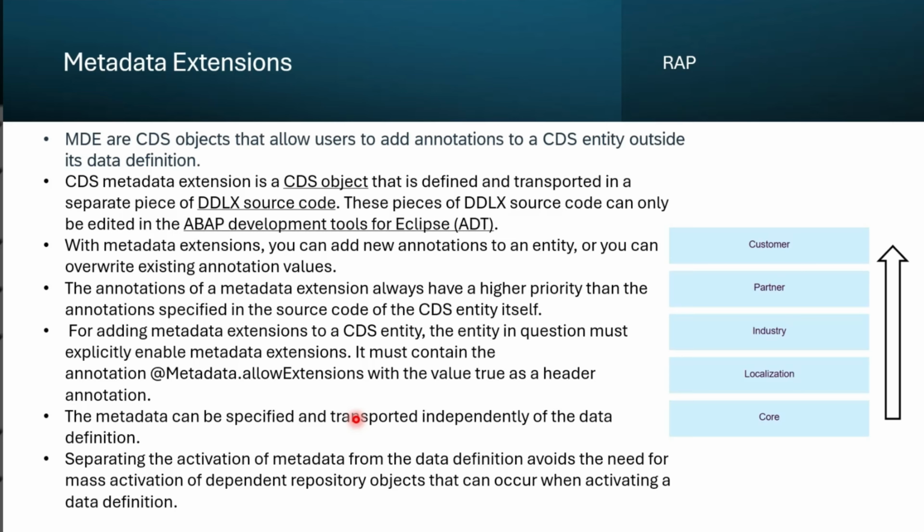The first time, you will have all the artifacts, but for doing some changes, you need all the things captured in the TR because your TR will fail if you don't have the dependent artifacts. So at that time, if you have metadata extensions, you can do the changes in your metadata extension file and transport it independently because you don't have any dependency in your metadata extensions.